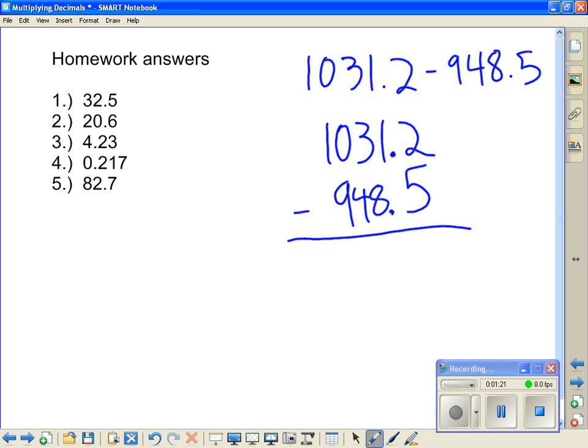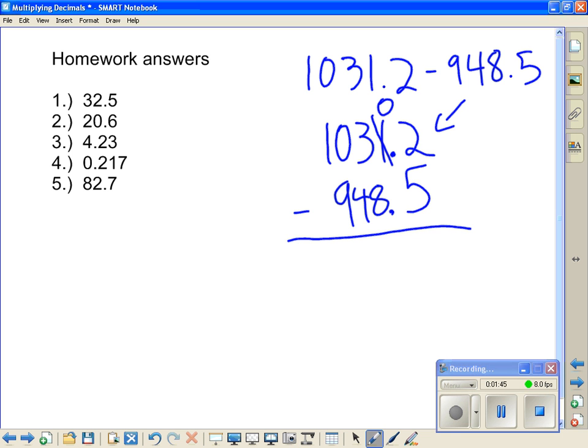Okay, now we can subtract. So let's start with 2 minus 5. Can we do 2 minus 5? No, so what do we have to do then? Jasmine? You have to borrow. Have to borrow from what? The 1. So the 1 becomes a 0.